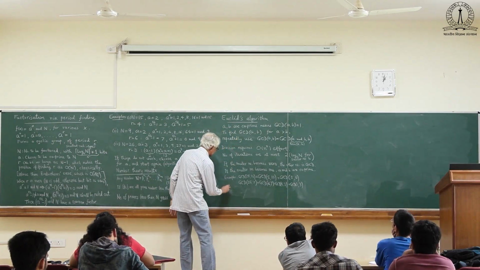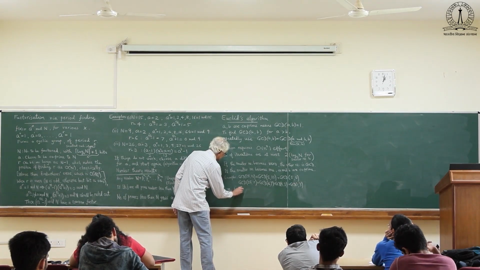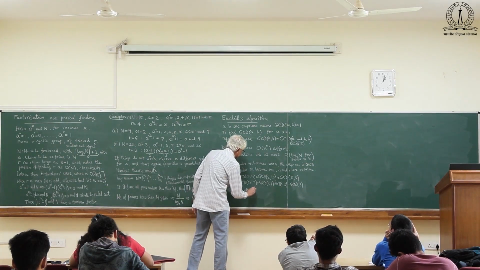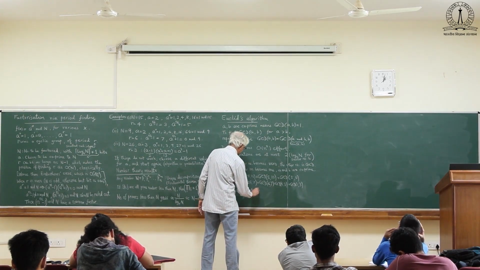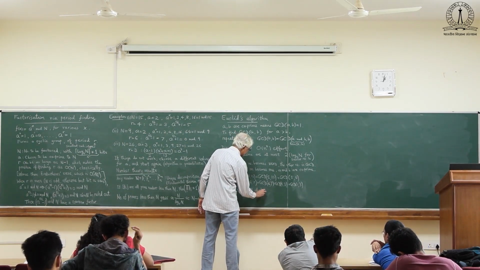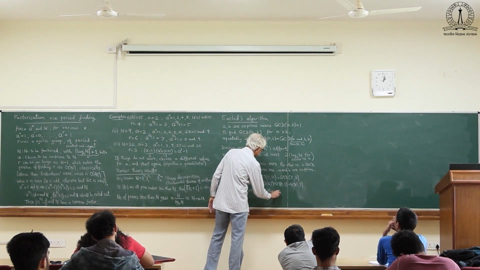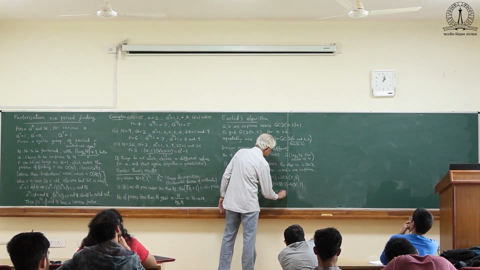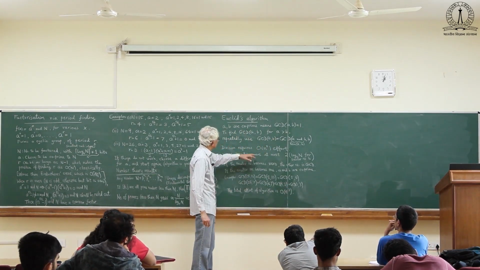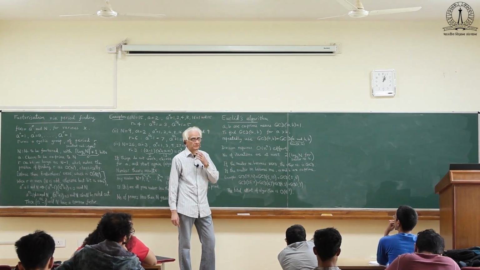The total effort is n cube: n square for division times how many iterations there are.